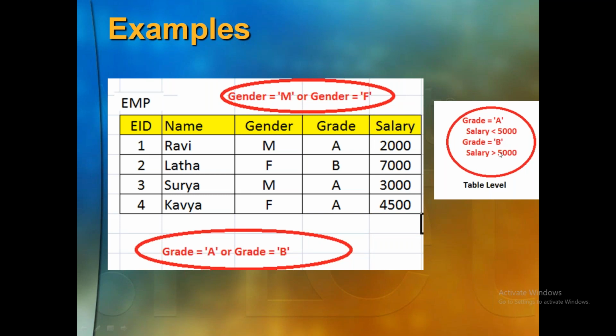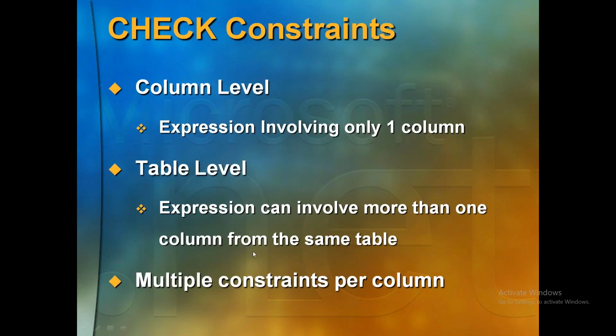If the grade equals B, salary is this much. This is table level, and salary greater than zero is column level, right? You can have column level and table level check constraints, and multiple constraints per table. Whenever you insert data, SQL Server verifies them one by one. That's what you need to understand.